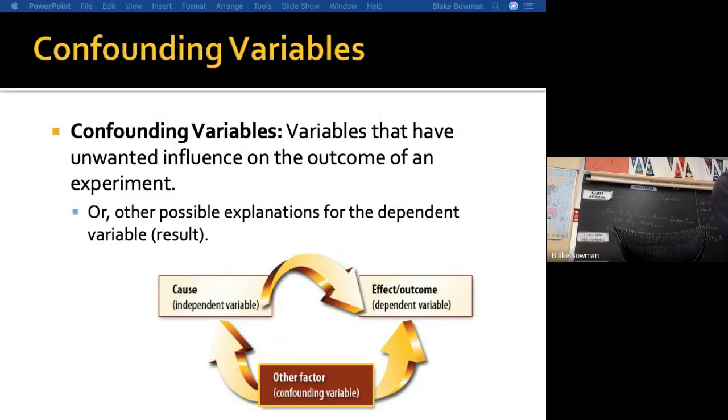All right, next one, confounding variable. Confounding variable, ooh, we don't want any of these to happen. That might alter our data. A confounding variable is an unwanted influence on the outcome of an experiment. Oh, unwanted influence. That can't happen. Or other possible explanations for the dependent variable, the result, okay?